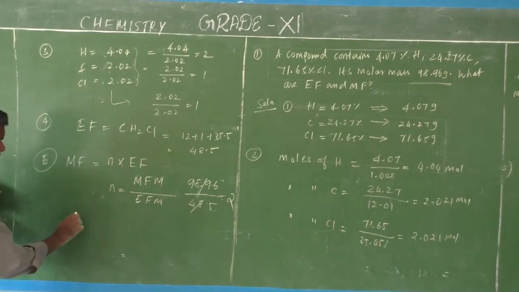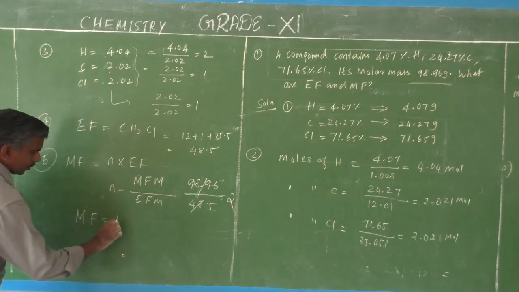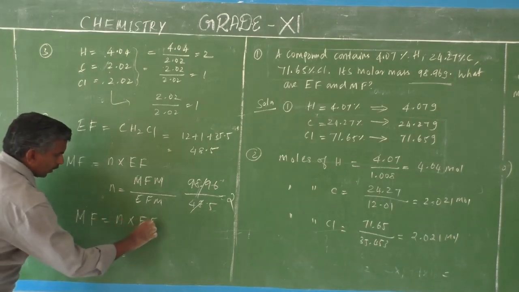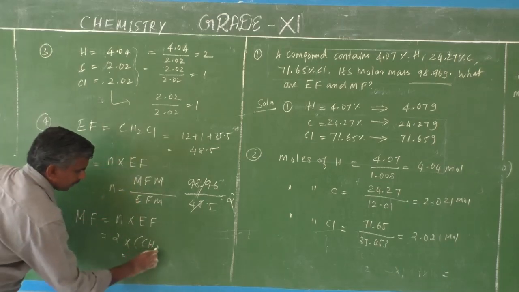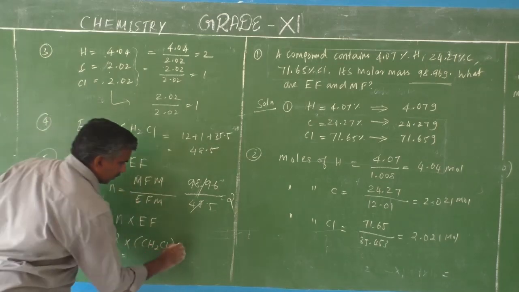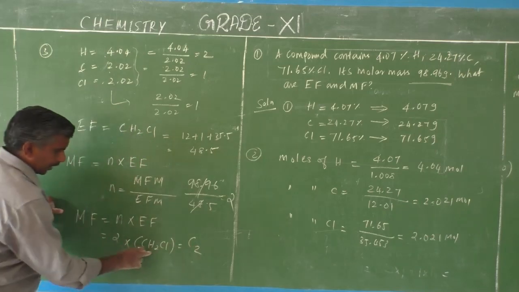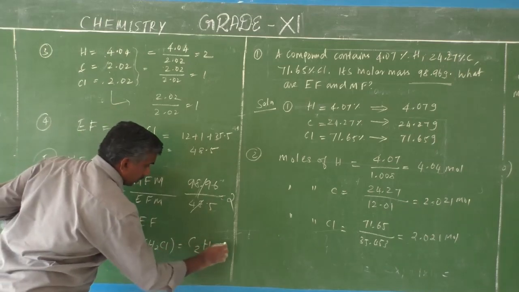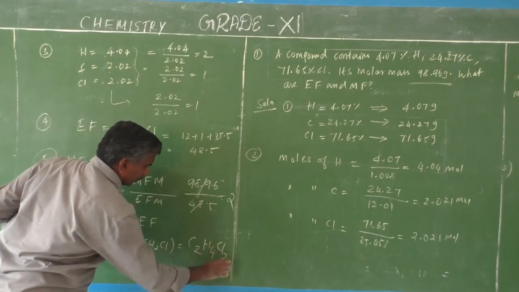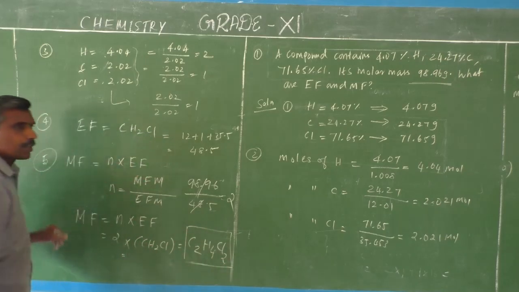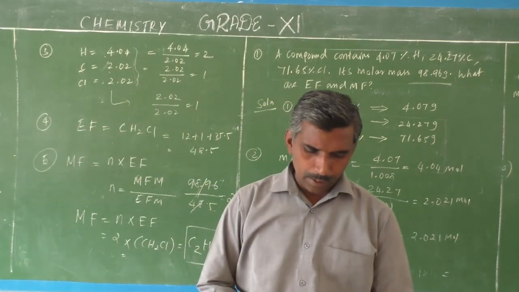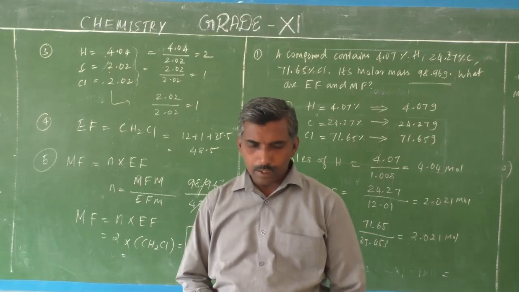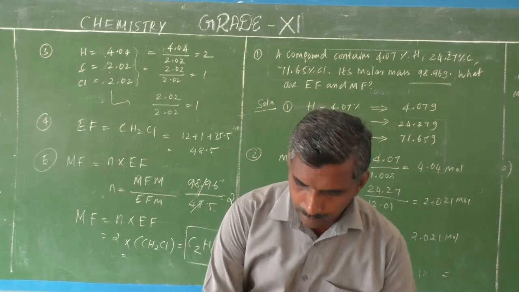Now substitute: molecular formula is equal to n into empirical formula. N value 2, empirical formula CH2Cl. So the formula is C2H4Cl2. This is the molecular formula.